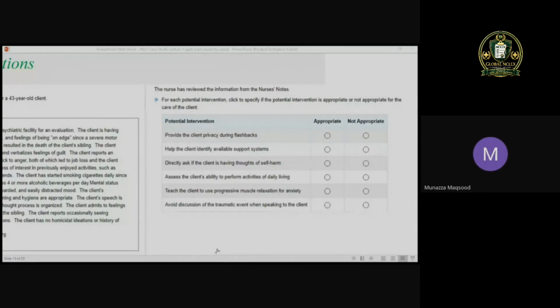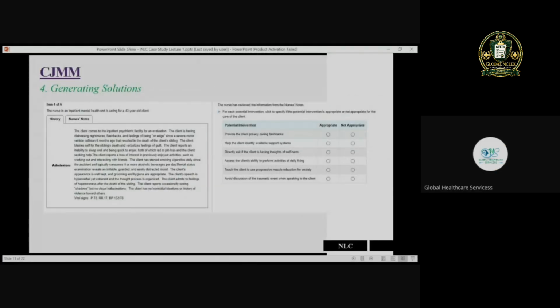Appropriate. Okay. Who is saying that this is appropriate? Please explain it. Because privacy is the right of the patient. Okay, but safety is the priority.